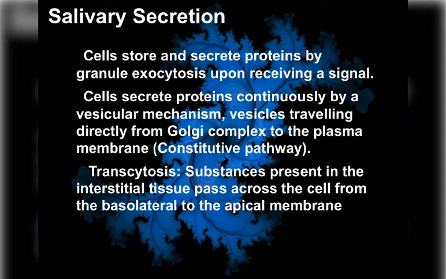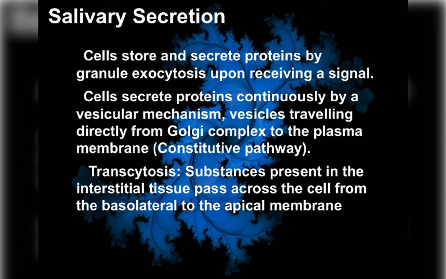Cells store and secrete protein by granule exocytosis upon receiving signal. This is about the ways of secretions of the components of saliva. Cells secrete proteins continuously by vesicular mechanism, vesicles traveling directly from Golgi complex to the plasma membrane.